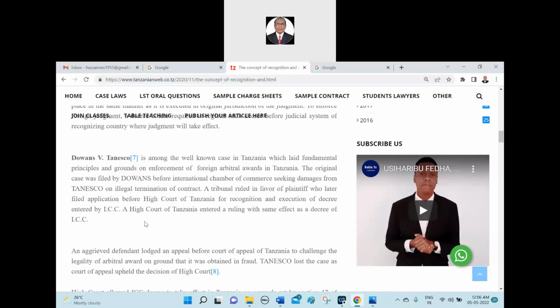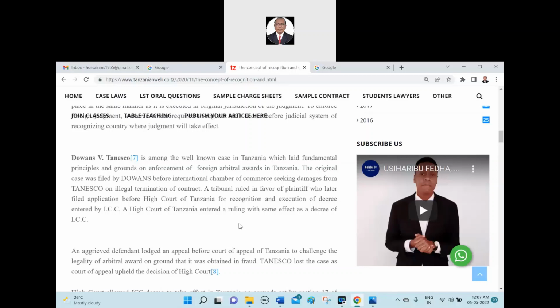So they upheld the judgment of the High Court, because once the parties agreed that any dispute would go to the ICC, and the contract was breached by Tanesco, the court said no, because it was validly given, you agreed, and they followed all the norms of the arbitral award.